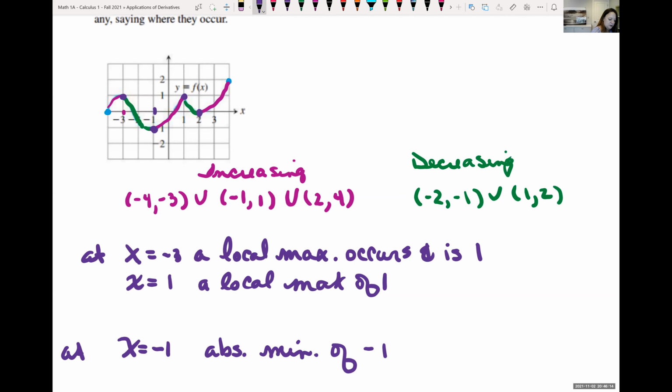Here at x equals 2, we have a local min of 0. Notice we also have a local min here at x equals -4.